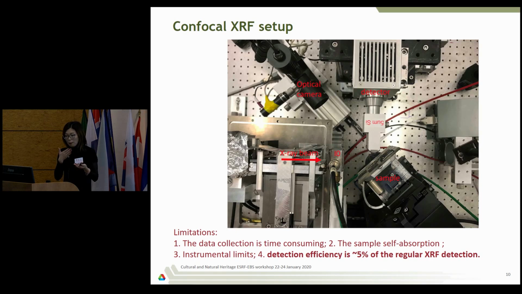However, because it only detects a few percent of the total X-ray fluorescence signal, the signal level is really low. It requires a much higher X-ray beam flux. Again, this technique will definitely benefit from the upgrade in the synchrotron radiation source.